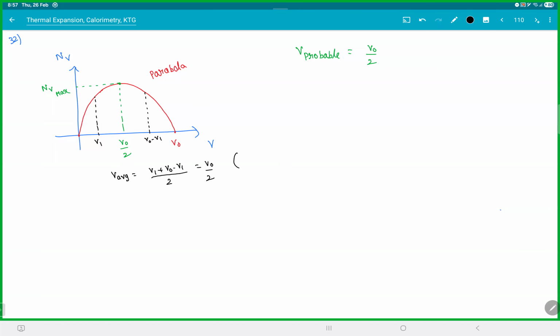We can do this for all molecules on either side of V naught by 2, right? So they give an average. Therefore, V mean is also V naught by 2.